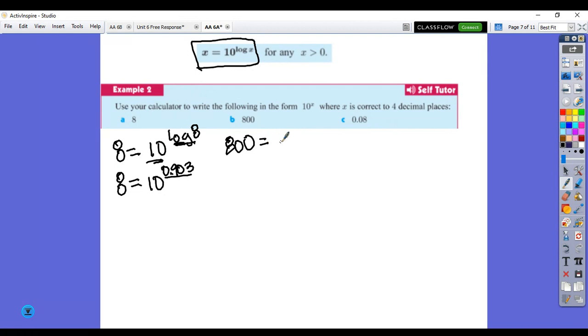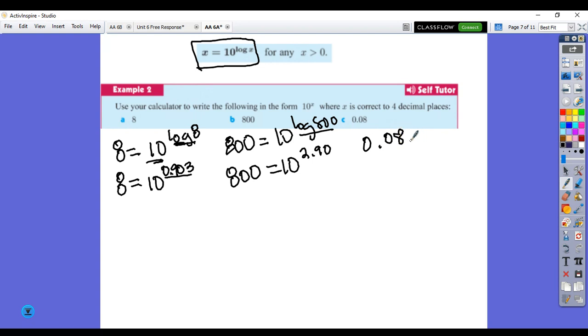So 800 equals 10 raised to the log of 800. Bring 800 down. 10 to the, what is log of 800? 2.90. And literally, if you plug this into your calculator, 10 raised to the 2.90, you're going to get around 800.